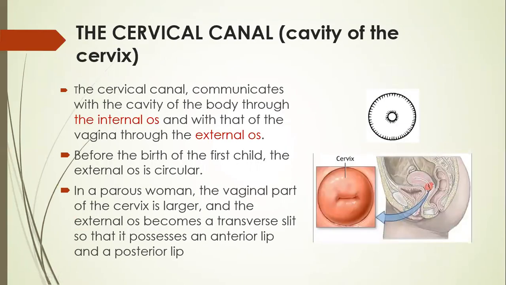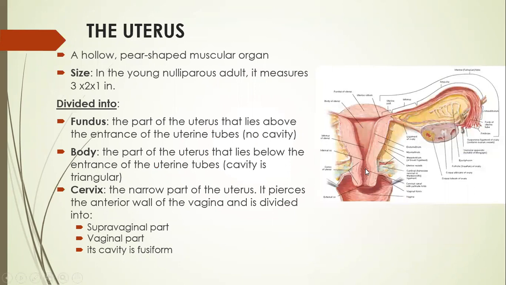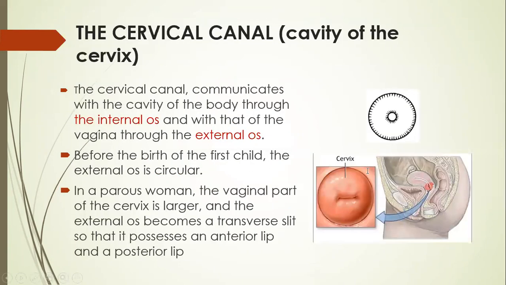Now coming to the cervical canal, the cavity of the cervix, which we saw here, it is fusiform. This is the cervical canal. The cervical canal communicates with the cavity of the body through the internal os and with that of the vagina through the external os.